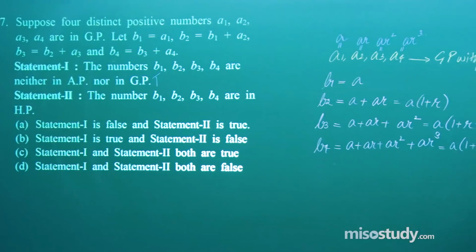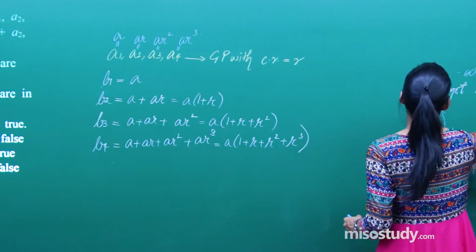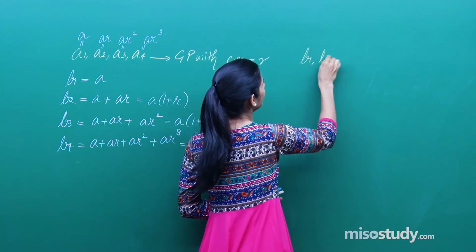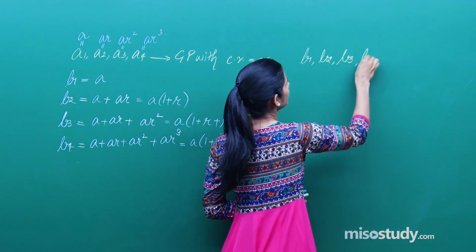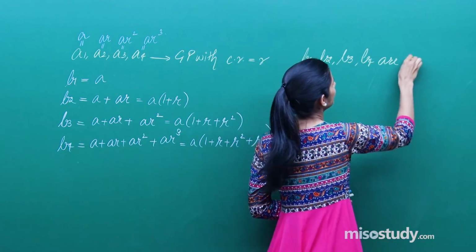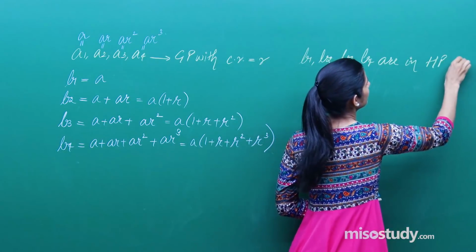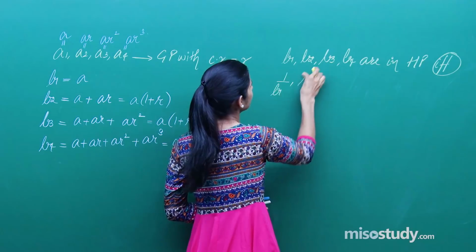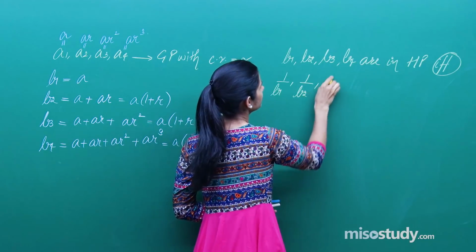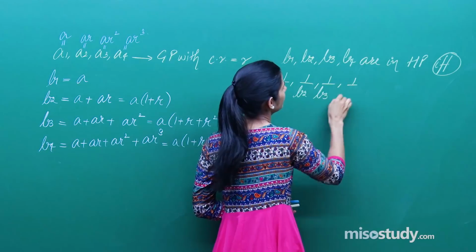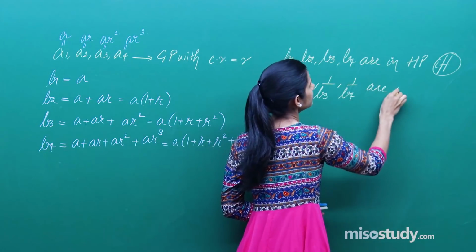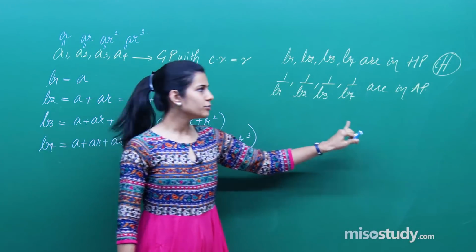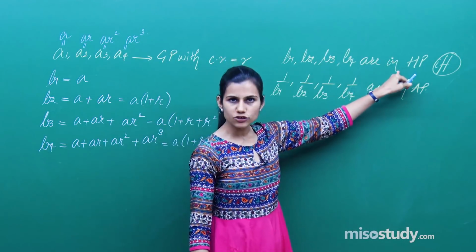So if I need to check that B1, B2, B3, B4 in this order are in HP or not, I need to realize the fact that B1, B2, B3, B4 are in harmonic progression if and only if 1 by B1, 1 by B2, 1 by B3, 1 by B4 are in arithmetic progression. If these four terms fail to be in AP, then these four terms fail to be in HP.